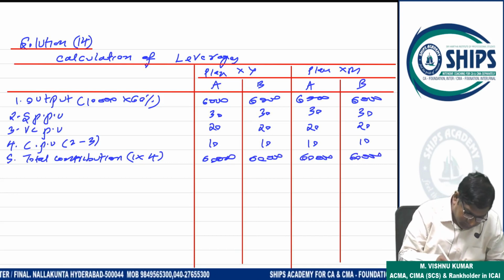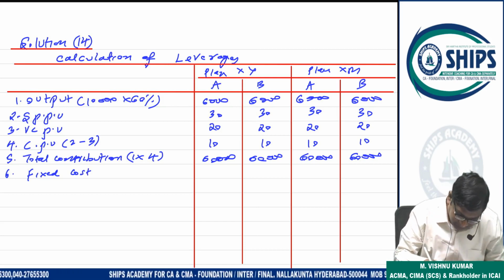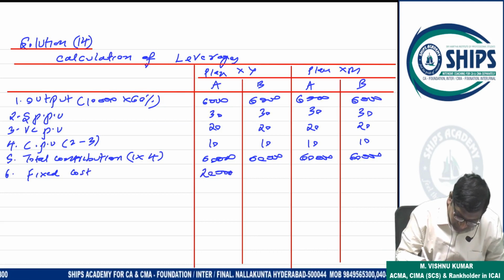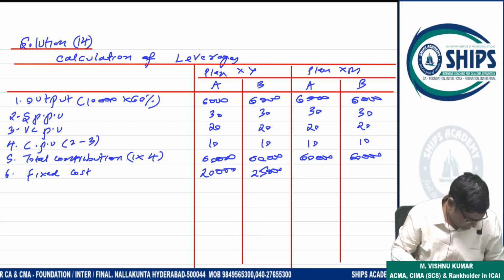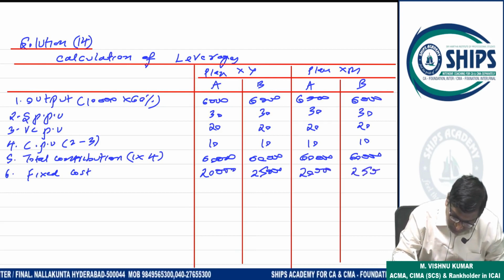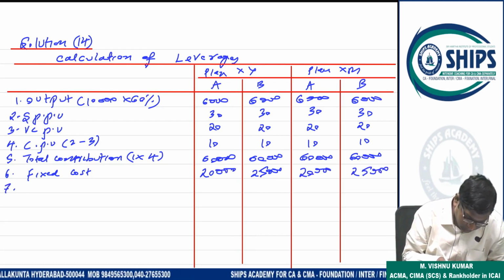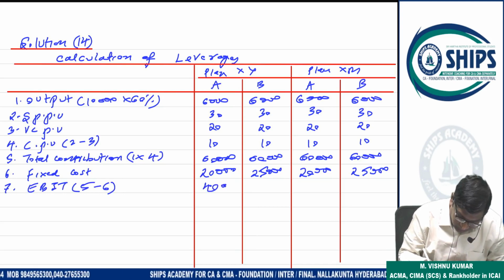Okay. Now fixed cost. Fixed cost in situation A is how much? B. EBIT 40,000, 35,000.